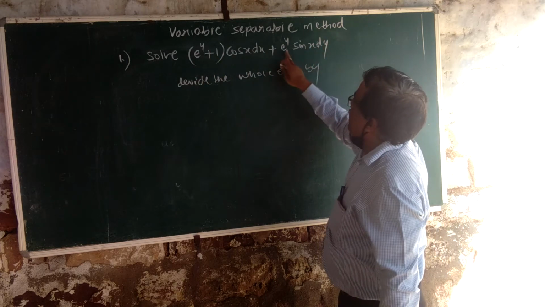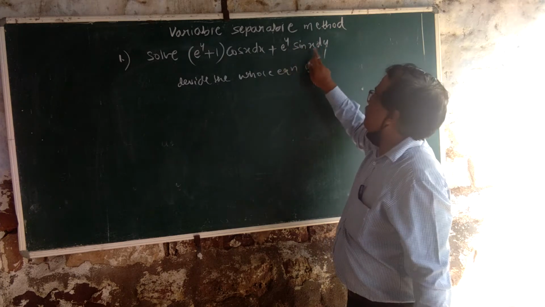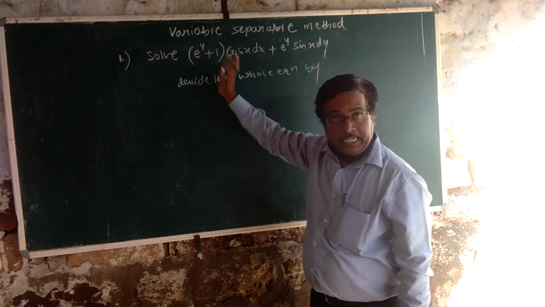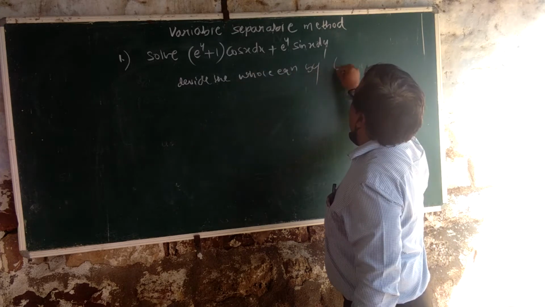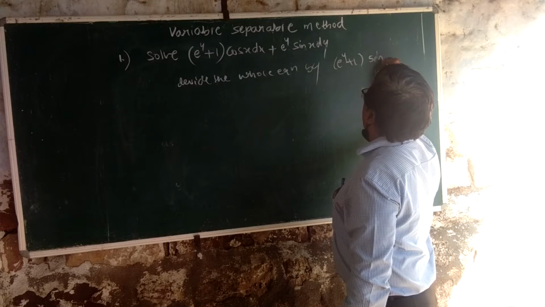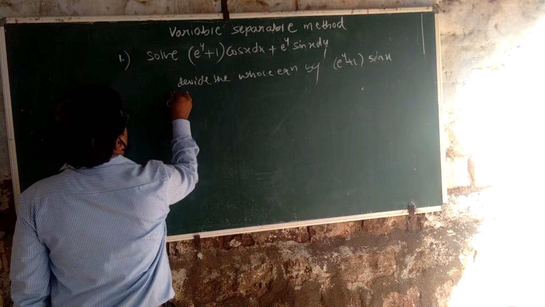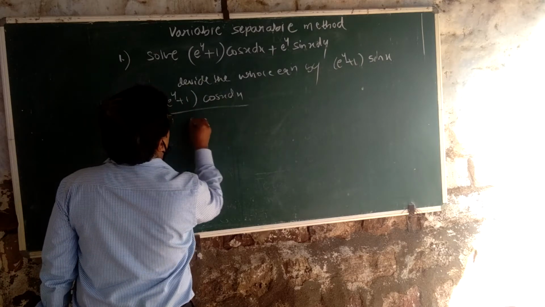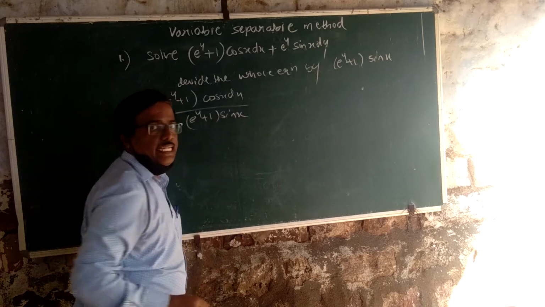Similarly here, e raised to y and dy are on one side, but sin x we don't want, so we should move this sin x to the other side. For that we divide the whole equation by e raised to y plus 1 into sin x. So e raised to y plus 1 cos x we divide by e raised to y plus 1 into sin x.